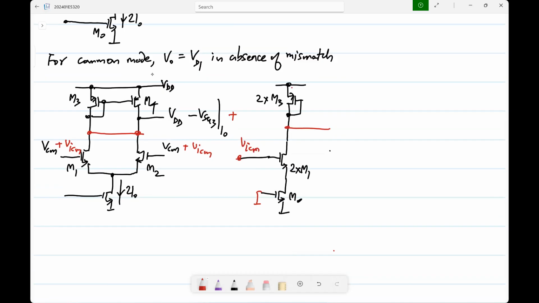So what kind of an amplifier is it from here to there? Common source. Where is the source now? What is the source voltage of that?